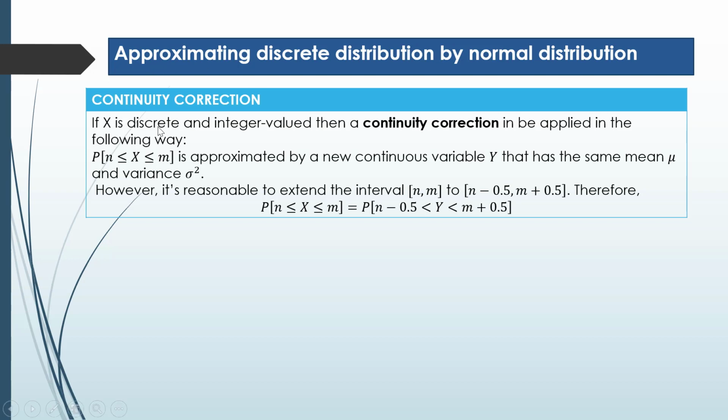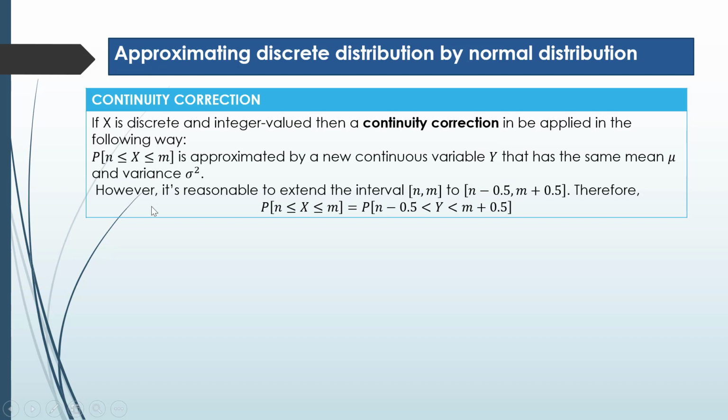So if x is a discrete, integer-valued variable, then a continuity correction will be applied in the following way. Suppose you are asked to calculate the probability n less than or equal to x less than or equal to m. We can approximate this probability by a new continuous variable y that has the same mean mu and variance sigma squared, and y here is normally distributed.